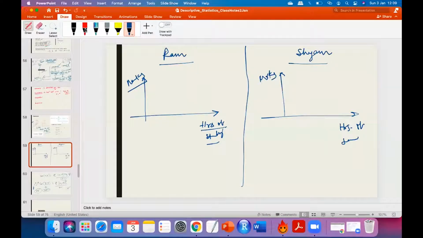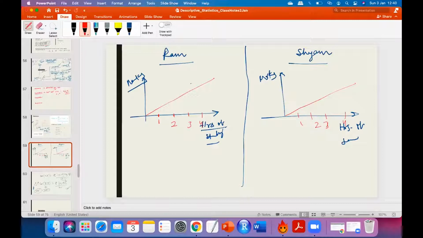Let's say for 1 hour, if Ram studied, this is one, this is two, this is three, this is four. This is how we perform. Let's say Shyam, and this is the marks, in one.